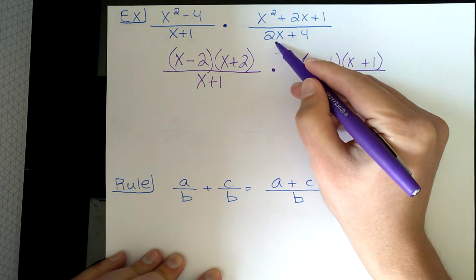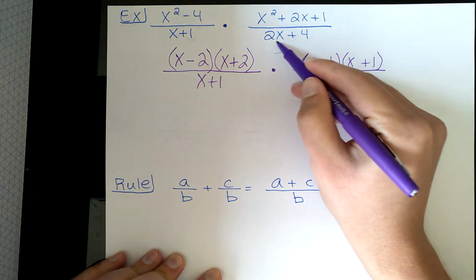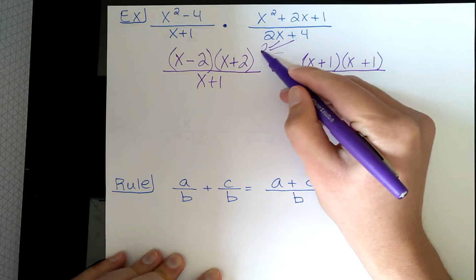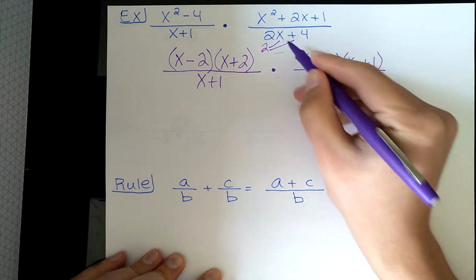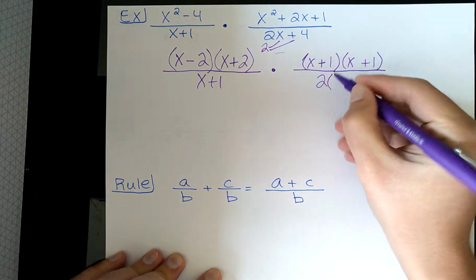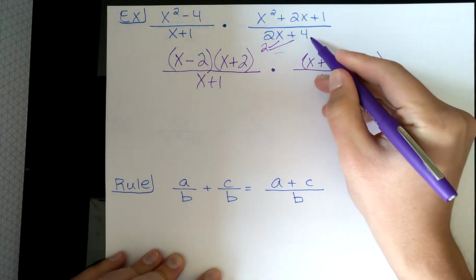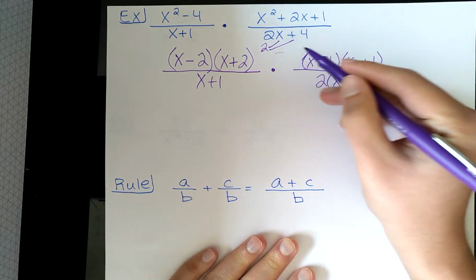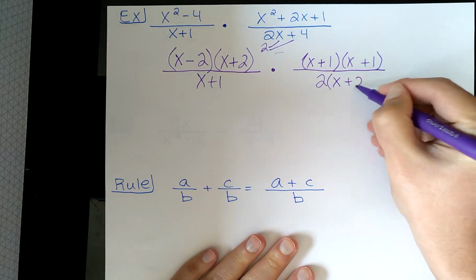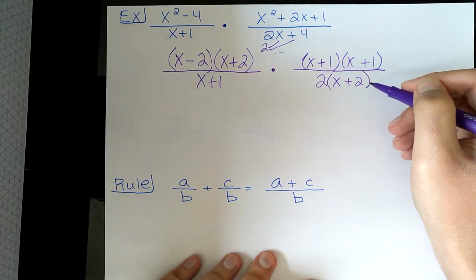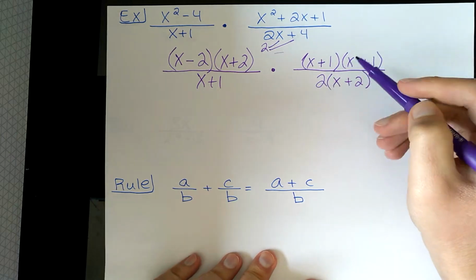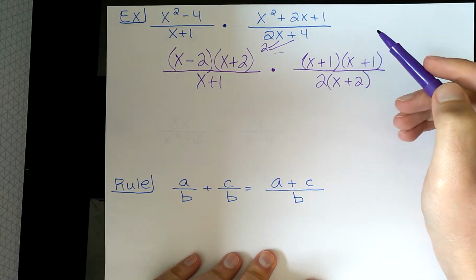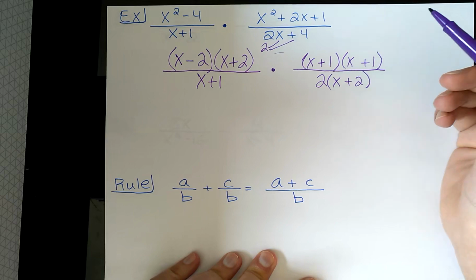And now, is there anything common between 2x and 4 that we can factor out? We have a 2. So we have 2 times, 2x divided by 2 is just x. 4 divided by 2 is just 2. And remember, from here you could combine this all into one fraction and then start canceling common terms, but we can just do that immediately.